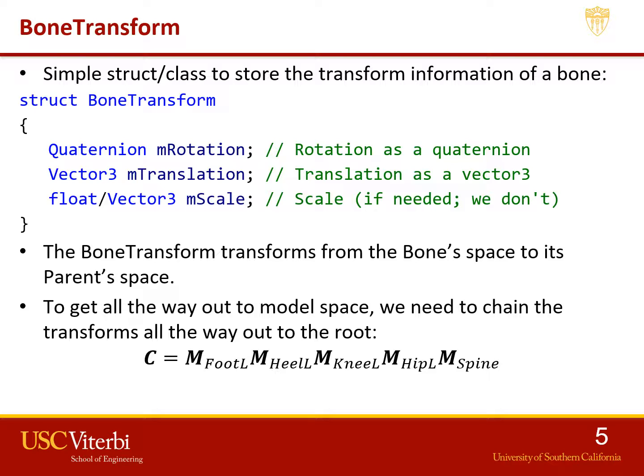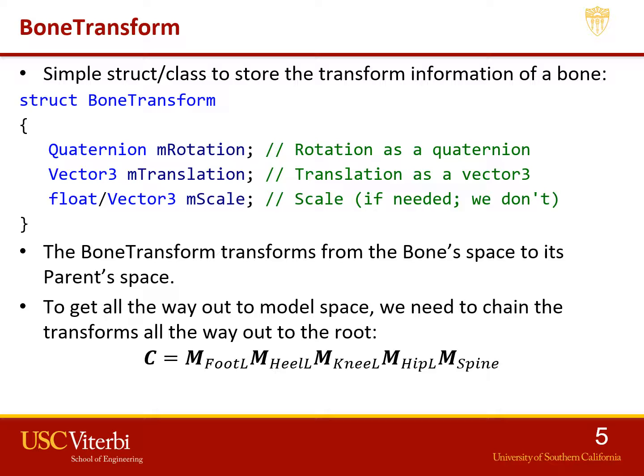And then we'll take this transform type of structure and we'll create a matrix out of it. And then when we have a matrix and we have the hierarchy, we can build for a particular bone, and this is the foot bone here. For a particular bone, the foot bone in the current pose, the matrix transform is given by this expression where we take in this pose the foot's matrix times the heel's matrix in this pose, times the knee matrix in this pose, times the hip matrix, times the spine matrix.